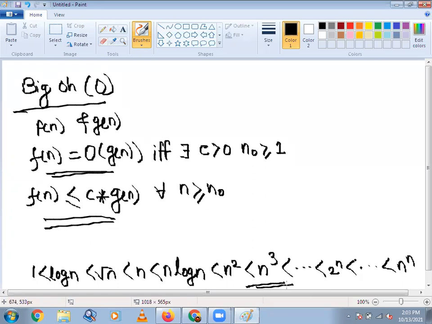Then we have seen big omega notation, and the symbol is like this.